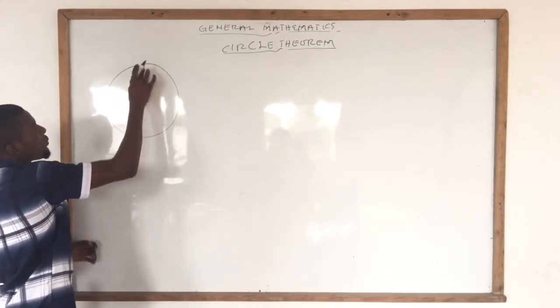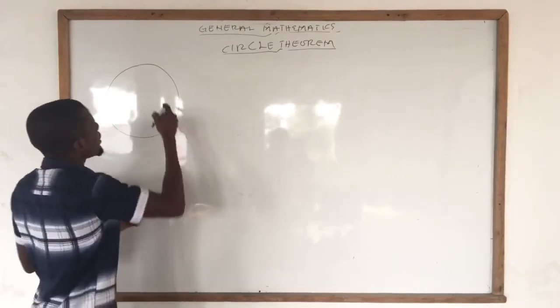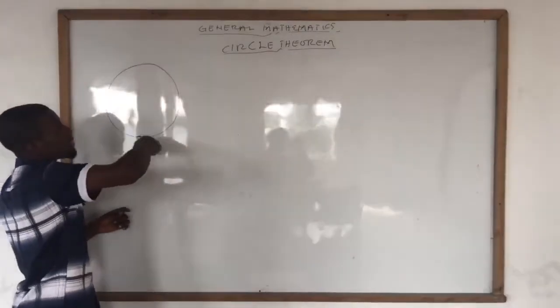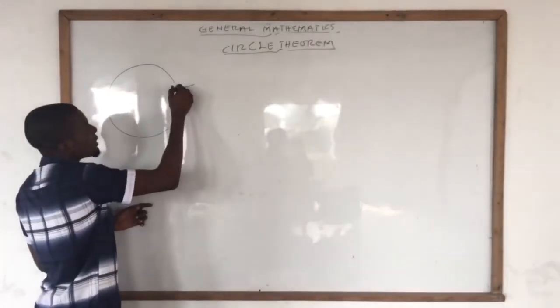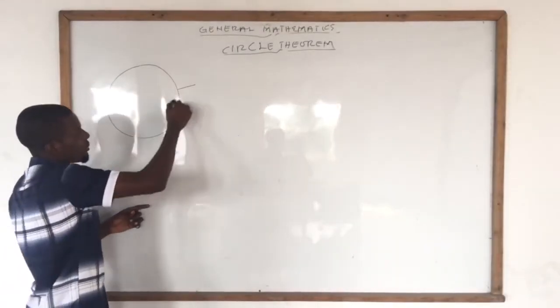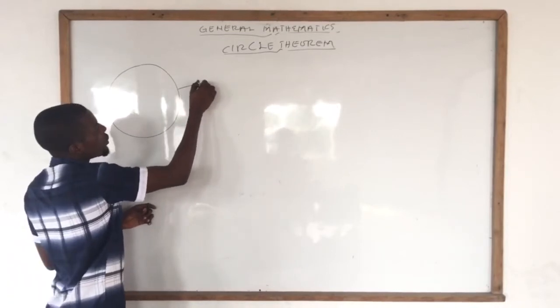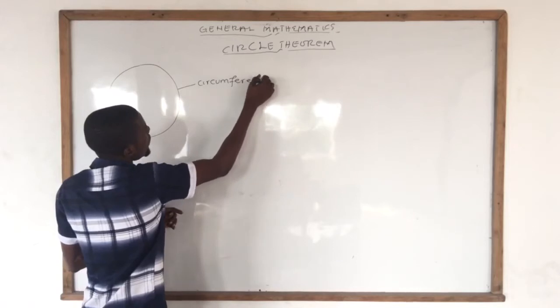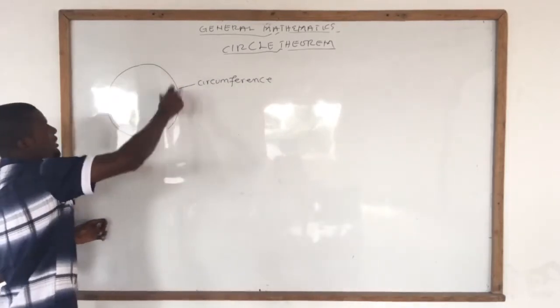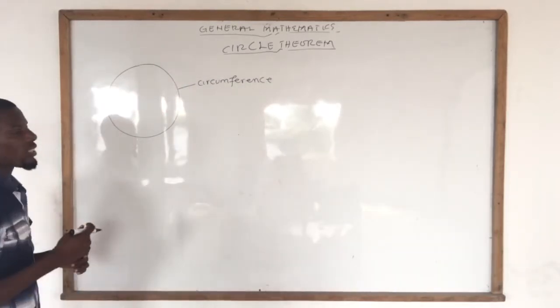Now you all know that when we take a circle like this, the distance around the circle, starting from one point and coming back to the same point, is called the circumference of the circle, right? That's the distance around the circle.